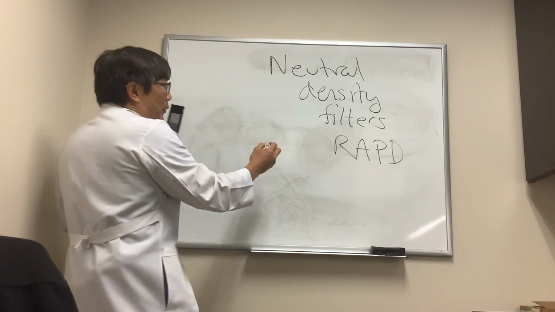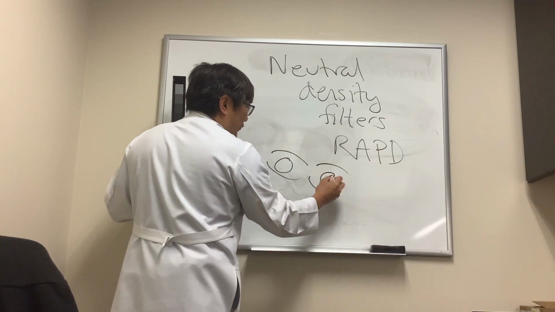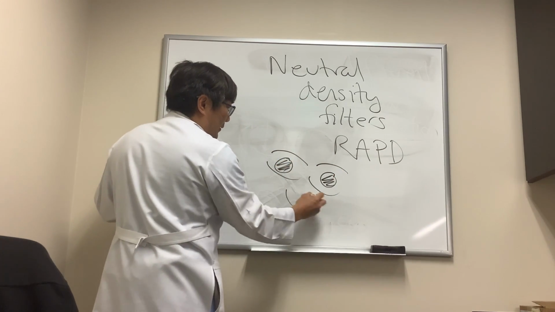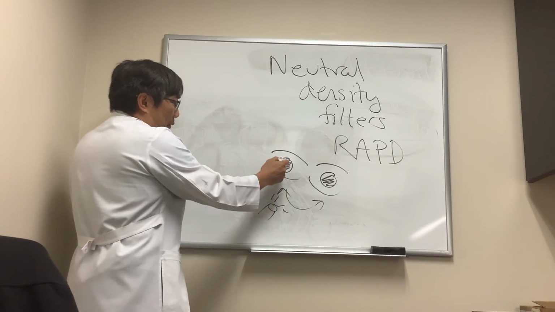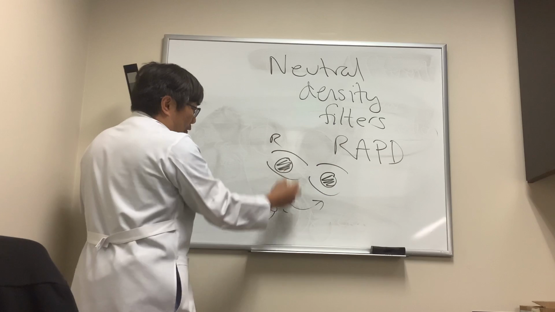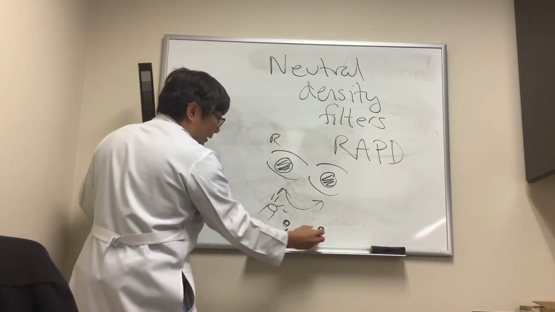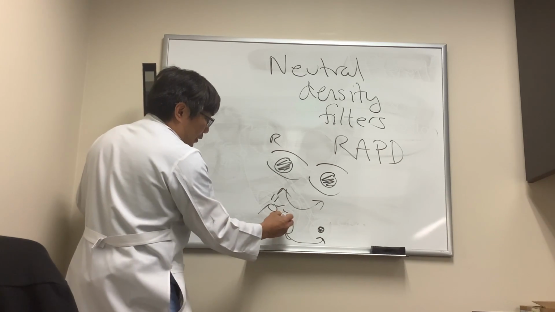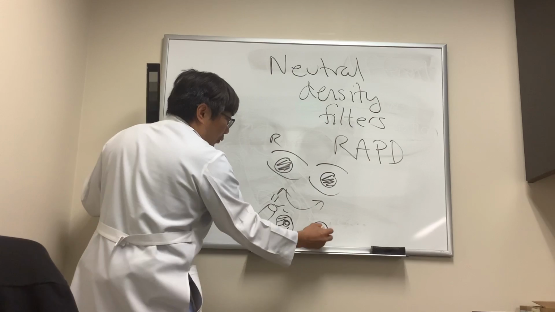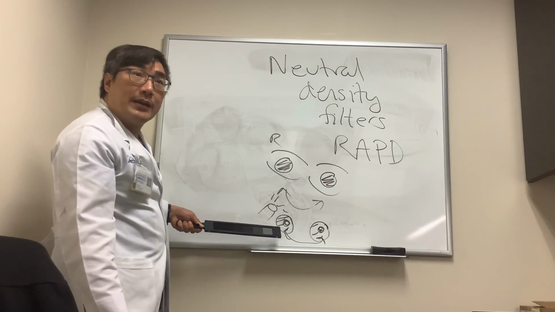And so when we're swinging the flashlight in the relative afferent pupillary defect test, we're shining a light. Well, as you know, when we shine the light in this right pupil, both pupils will constrict. And then if we swing the light back, if we have a RAPD on this right eye, for example, then that right pupil and left pupil will dilate when we swing from the good eye to the bad eye.